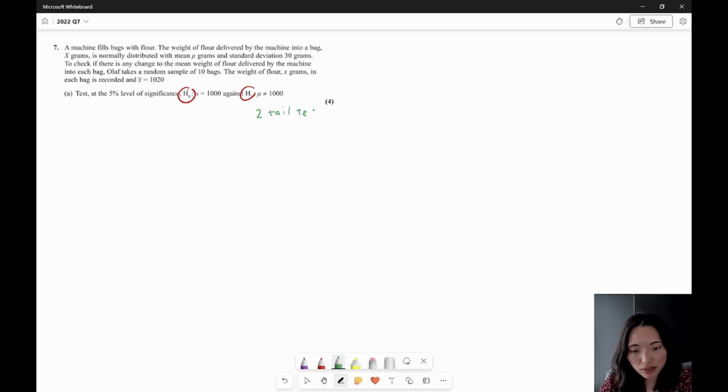So it's a two-tail test. Even if we're testing at the 5% level of significance, we will be looking at 2.5% either side. So this is a normal distribution, with a 2.5% critical region either side.